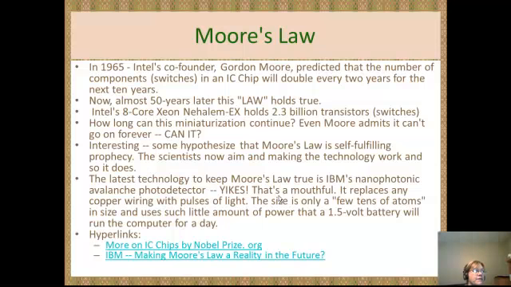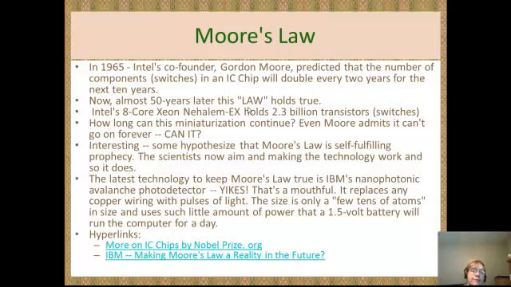So 2 years later there would be 8. 2 years later there would be 16. Well, he said that would happen for 10 years, right? Almost 50 years later, Moore's law is still holding true. That is amazing, that someone had the foresight to predict that. And this is what's led to the ability to put a computer on a phone now.